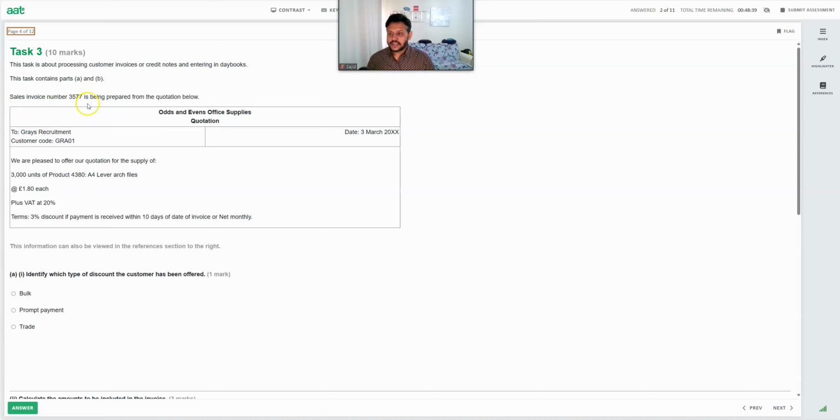All right, so sales invoice based on the quotation. We have 3000 units, product 4380, A4 lever arch file. Lever arch file means the file where we keep all the paper, A4 size, £1.80 each. So each file is £1.80 plus VAT 20%, less 3% discount if the payment is received within 10 days of the date of the invoice, or net monthly.